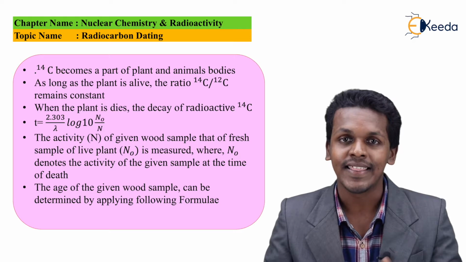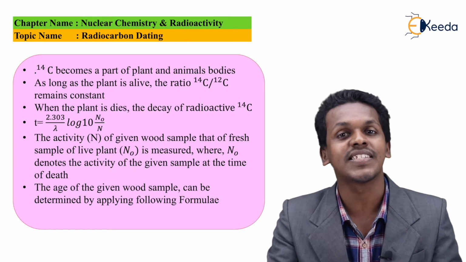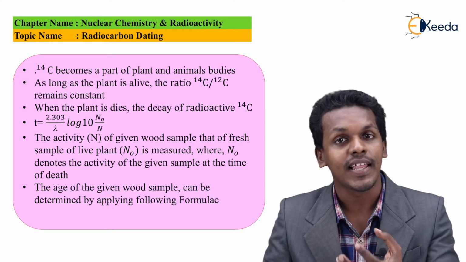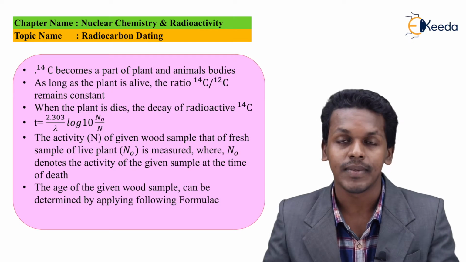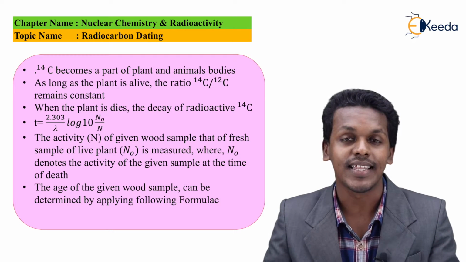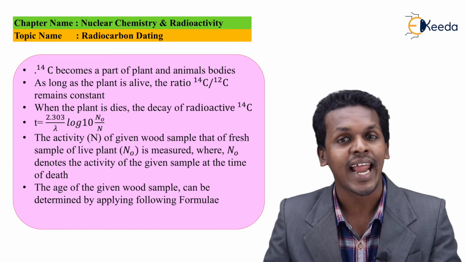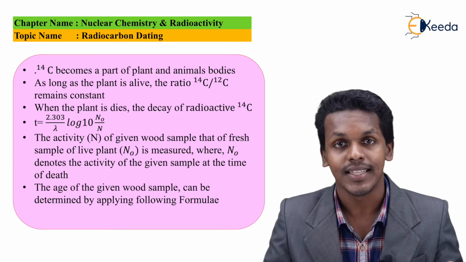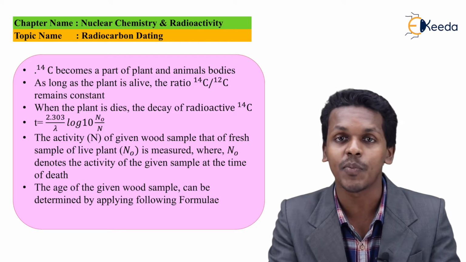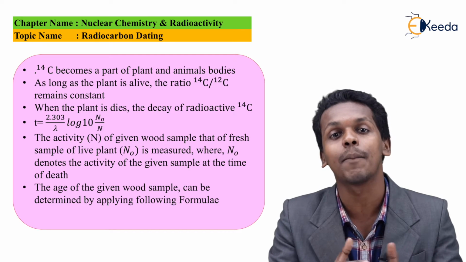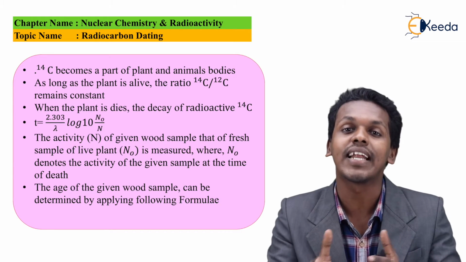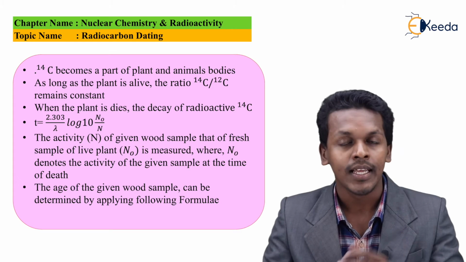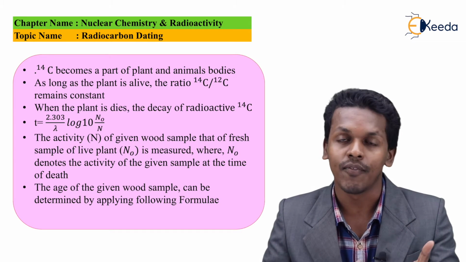N naught is the activity of the fresh wood, suppose we have to calculate the age of a particular old tree, and N is the activity of the wooden sample that has been provided. That is how we can compare these two values and determine the age of the particular wood.